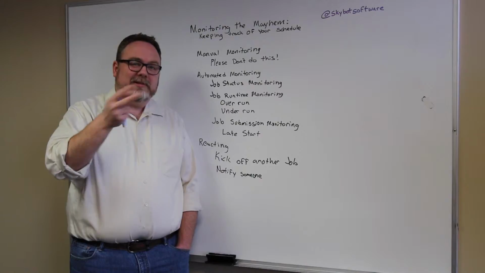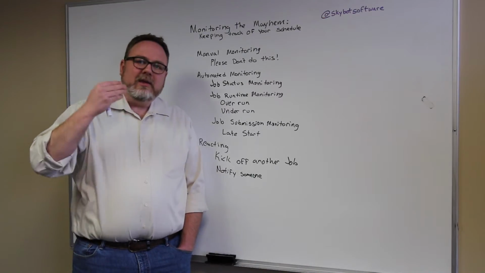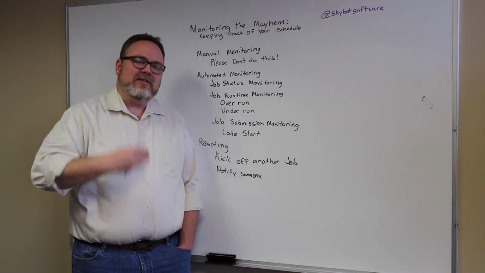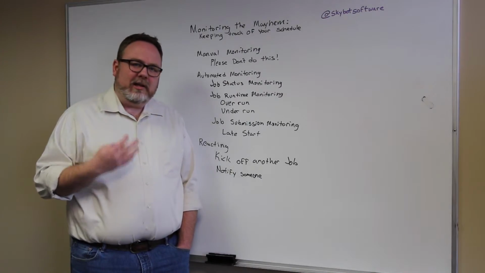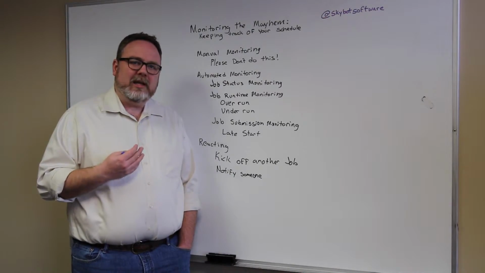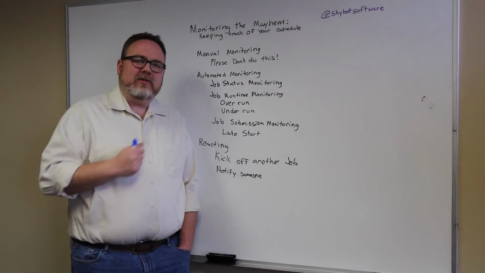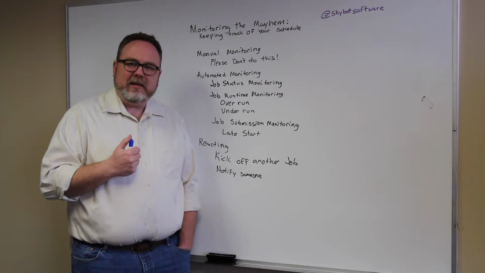And I said or, which implies two, but there's a third. The third one is you've got a busy job queue, and your job gets submitted to the queue, but it hasn't started running yet. And these are cases when a lot of times jobs are critical and important, and they take a fixed amount of time to complete, and they need to start at a certain time or within a certain time of being submitted. Okay?